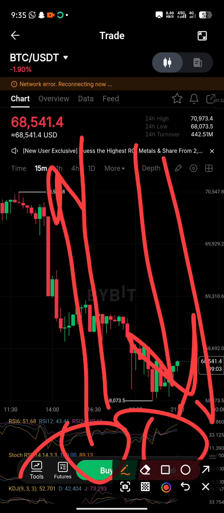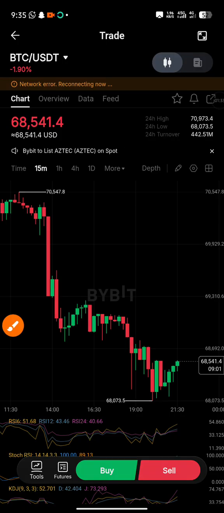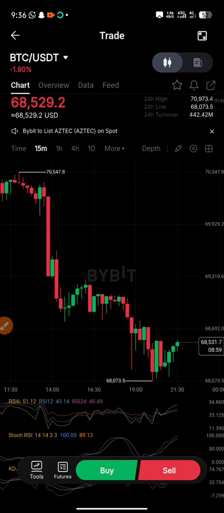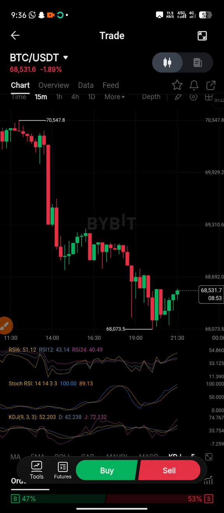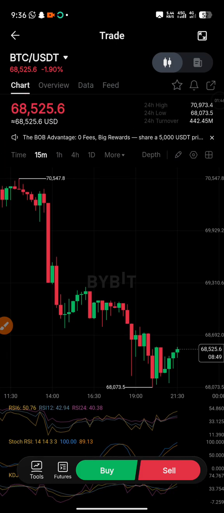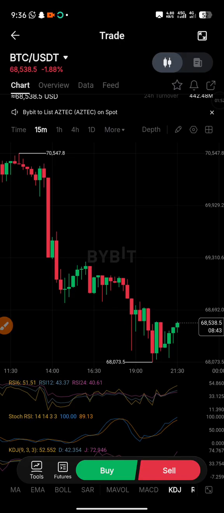So first, you must start with spot trading so that you will not lose much in your futures trading. With spot trading, you buy low when the particular cryptocurrency coin is low, then you sell high when the coin has risen from the price you bought it at to another price.